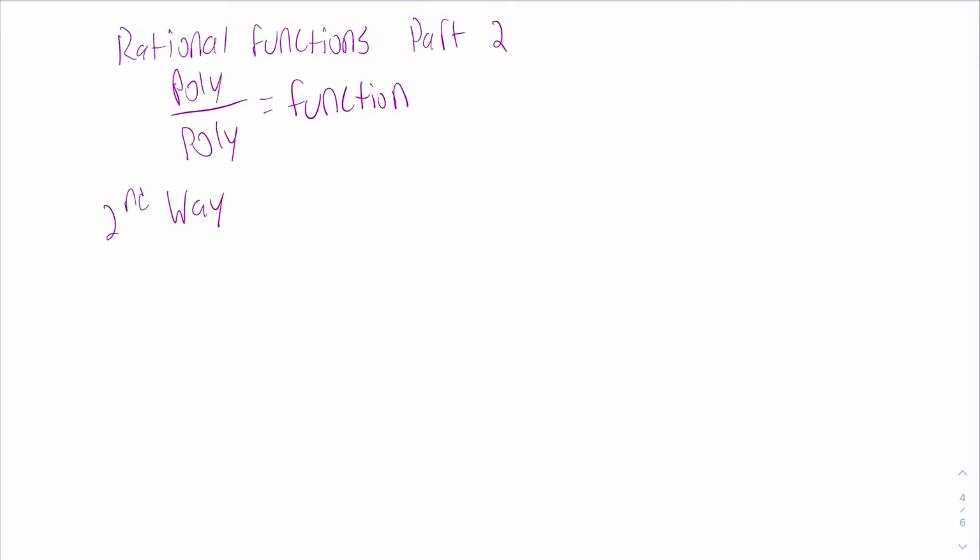The second way that rational functions can happen is if x times y gives you a constant, and every time you multiply x's and y's together, you get the same number. Then this is also called a rational function. This one is called an inverse function.